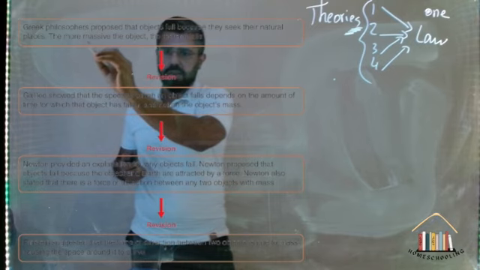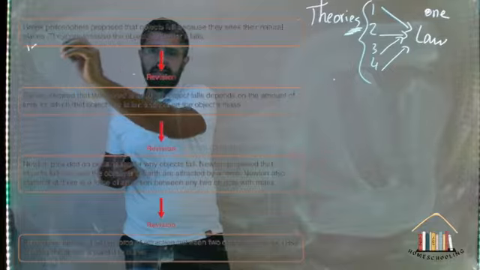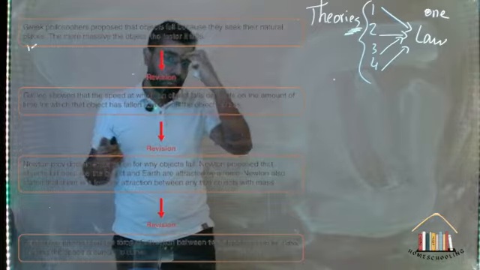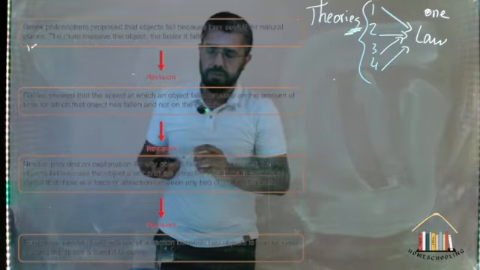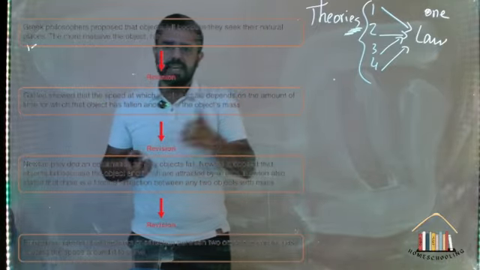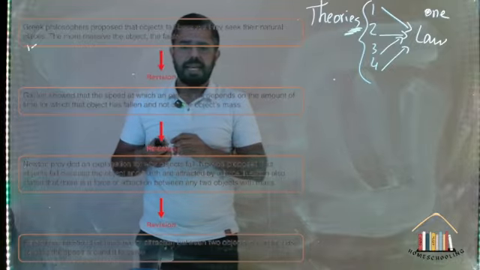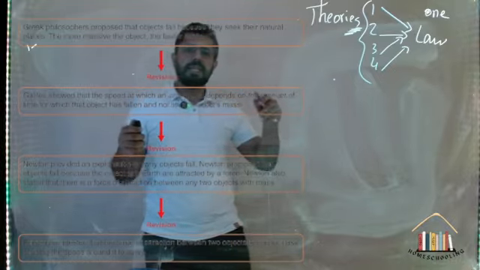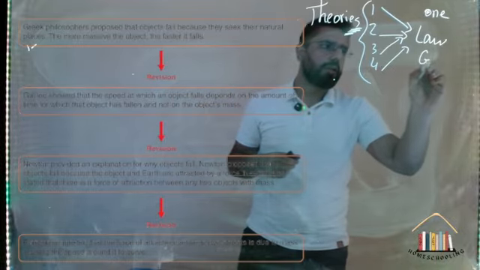So this is theory number 1, by Aristotle, trying to explain the law of gravity. Let's talk about the first point first. In the old times, the Greek philosophers, I mean here Aristotle, tried to explain the law of gravity.